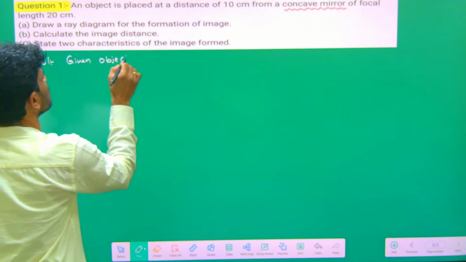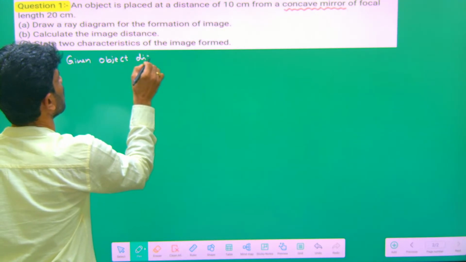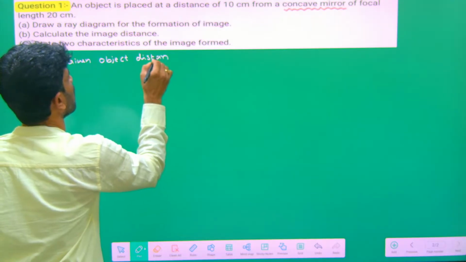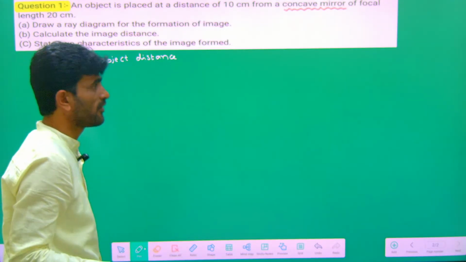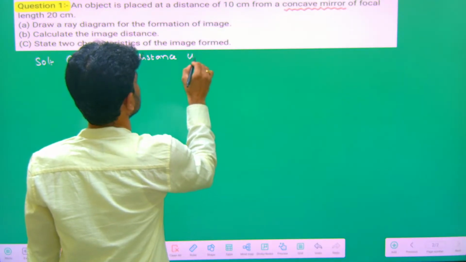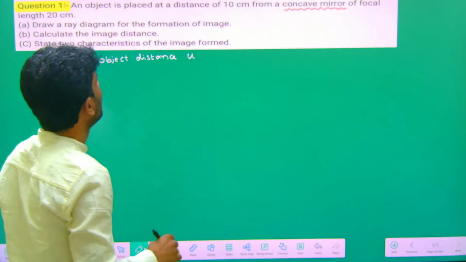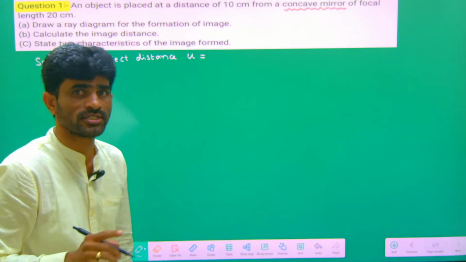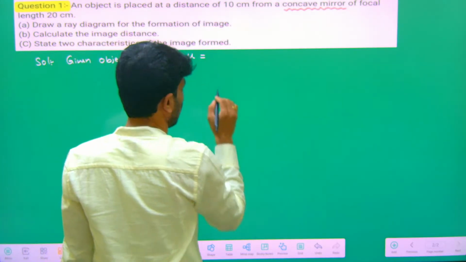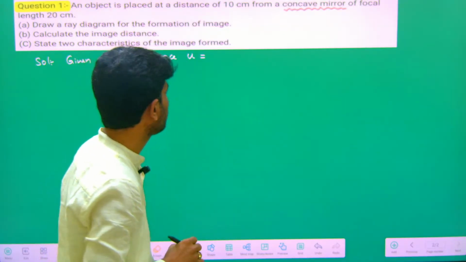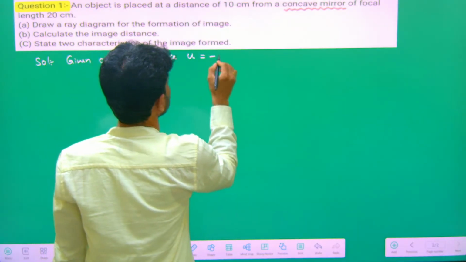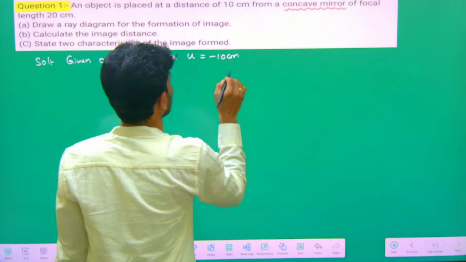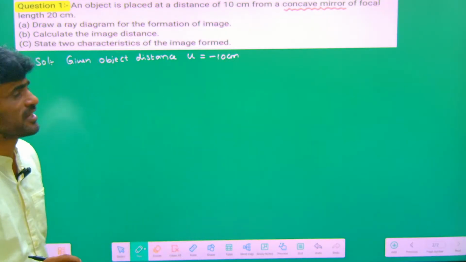Object distance is denoted by u, and it is given as 10 centimeters. I told you the object distance should always be taken negative. So you should take minus 10 centimeters. Object distance is minus 10 centimeters.